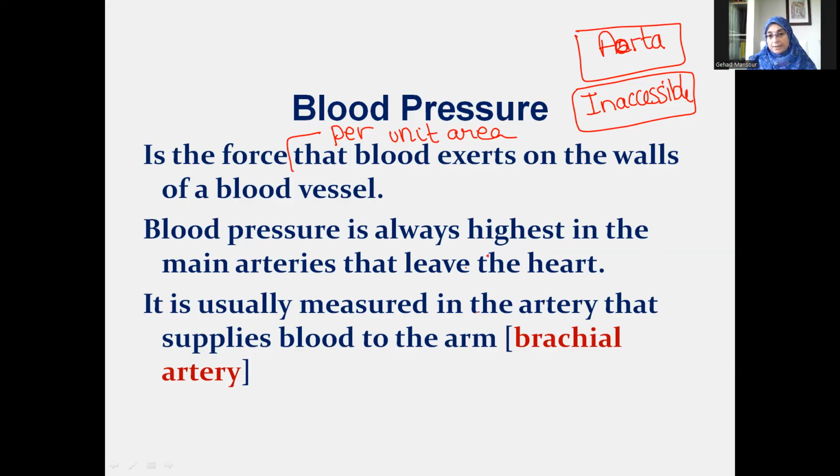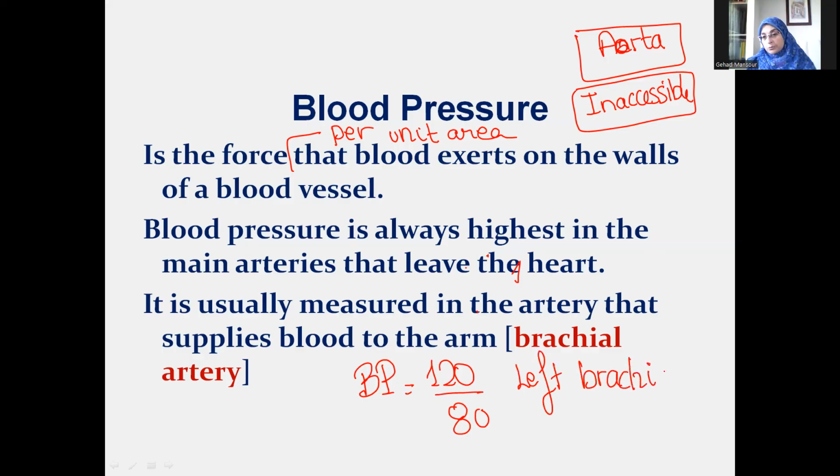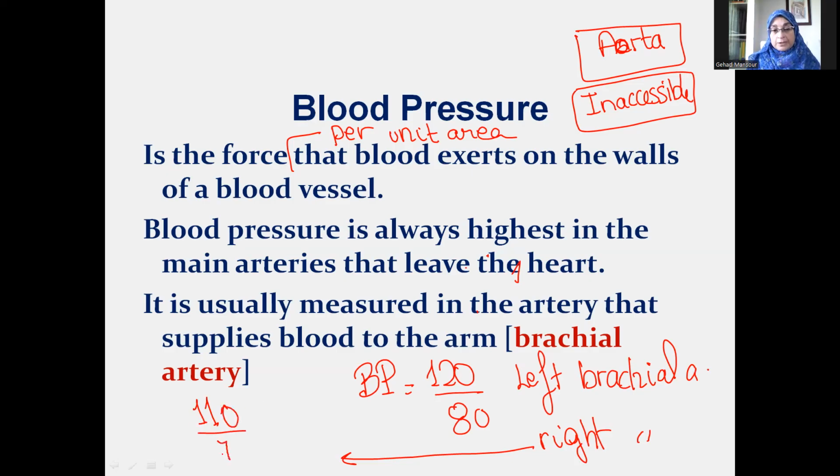And we said that if the normal blood pressure is 120/80 when you use the left brachial artery, then when you use the right brachial artery, it would be 10 millimeters mercury less, meaning that the blood pressure would be 110/70.